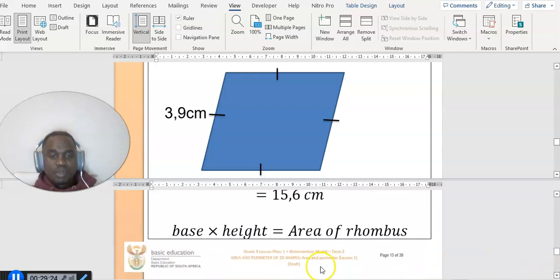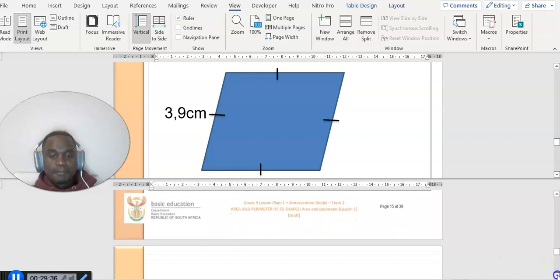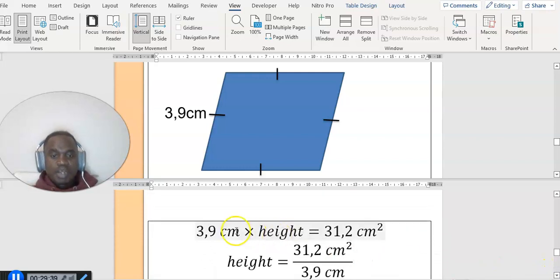Then we want the height, but we know the base times the height is equals to the area of a rhombus. So we know that our base is 3.9. Our height we don't know, that's what we want to find. But we're given the area. So what do you do?